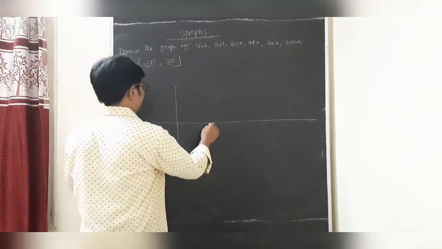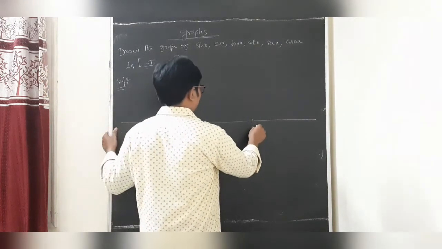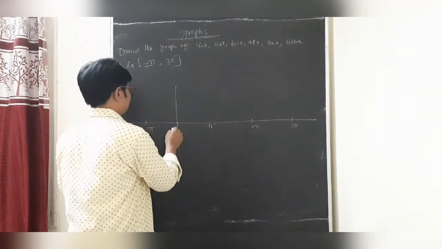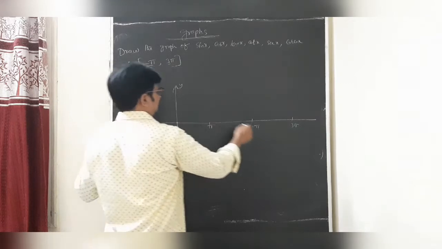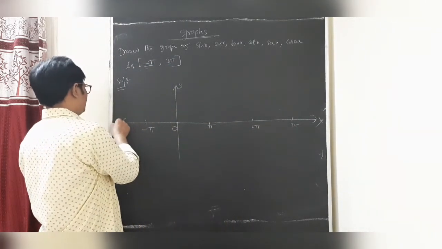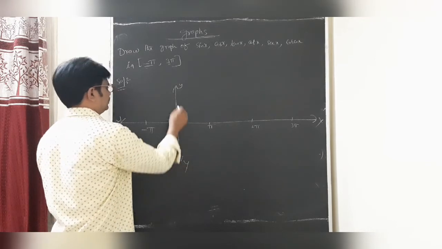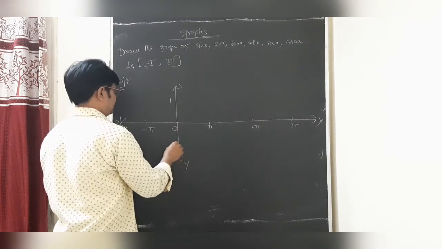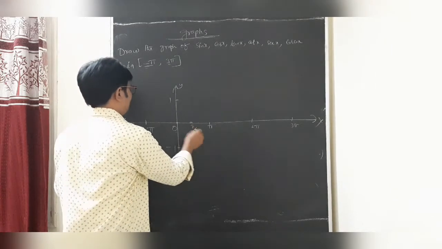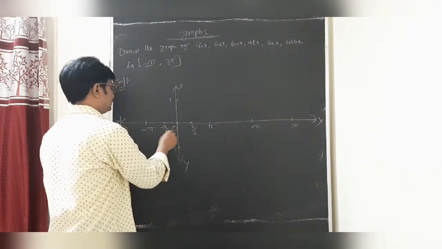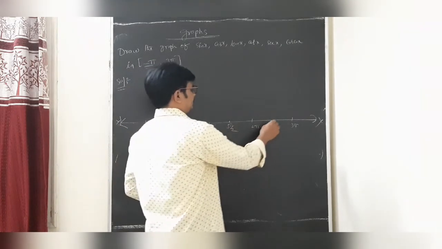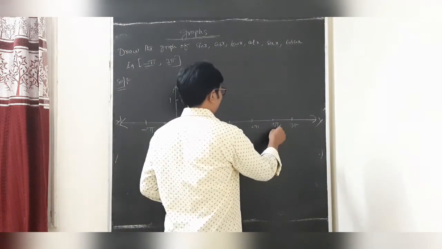This is minus pi and pi, 2 pi up to 3 pi. Dear students, this is the x-axis, x dash, y dash. This is 1, this is minus 1. So this is 90. We have to know minus 90. This is, students, 3 pi by 2. This is 5 pi by 2.